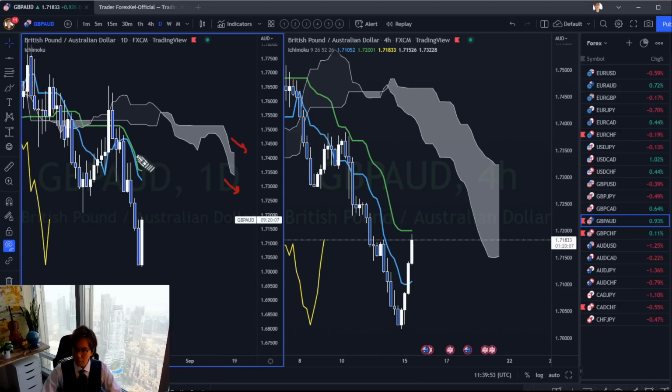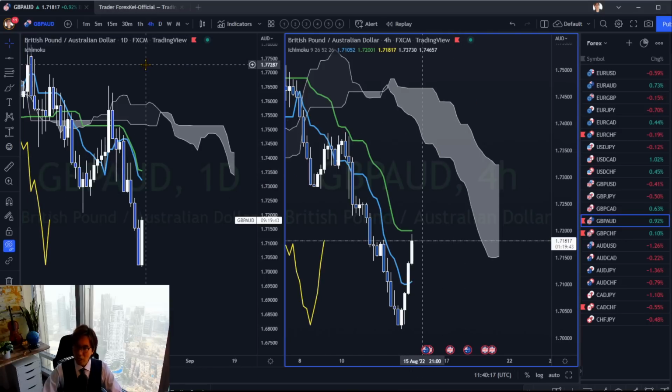Kijun Sen is also down. So that's downtrend. But if you look at the 4-hour chart, now Kumo is flat, Senko span A is a bit retracing back, and Kijun Sen is flat. So in this case, you can take the daily down and see if you can confirm a downtrend also in 1 hour or the 30 minute.